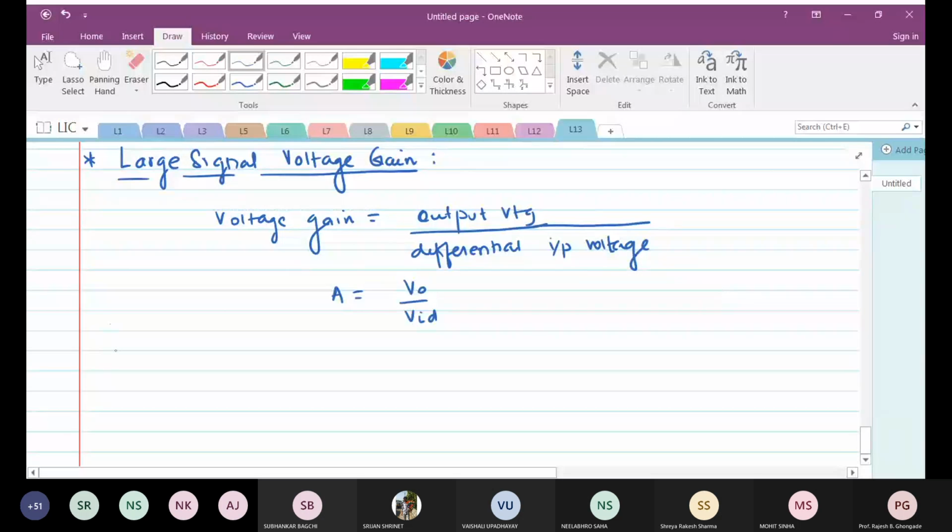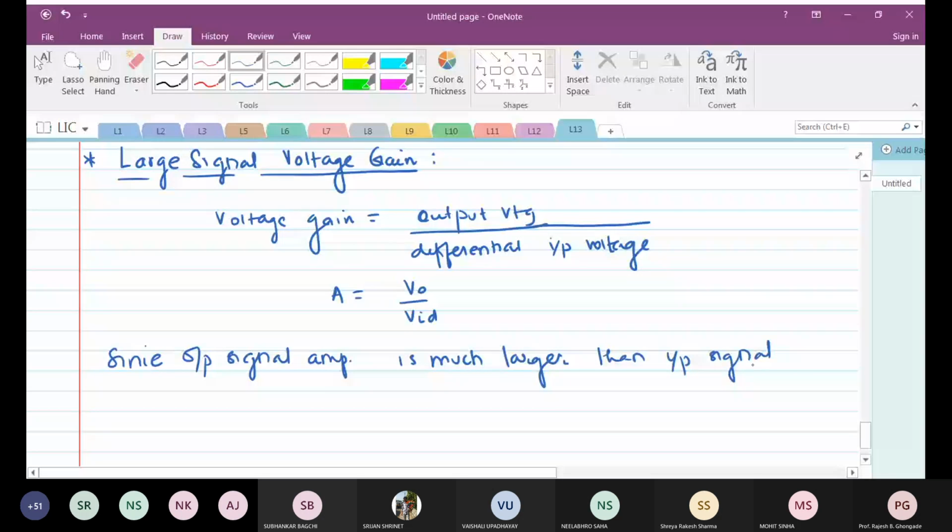Since the output signal amplitude is much larger than the input signal, input signal will be in millivolts, output signal will be in volts, and that is the reason why this is called a large signal voltage gain.